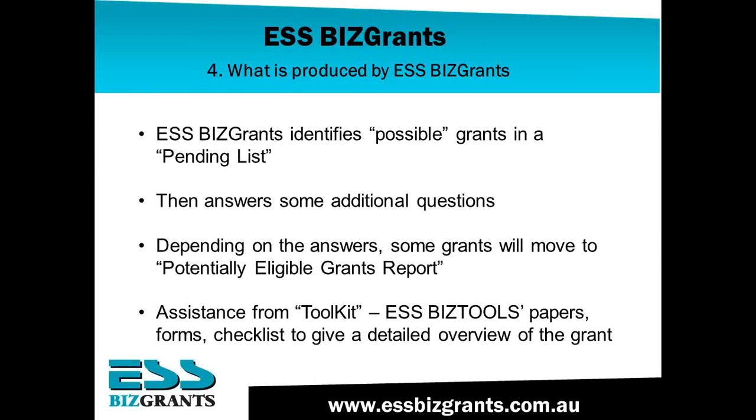You can then read some information about that particular grant, and depending on the answers, some grants will be moved by the system that your client is potentially eligible for that grant.